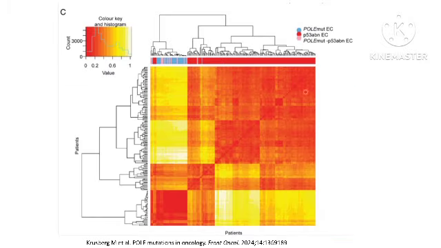This heat map shows hierarchical clustering of POLE mutant P53 abnormal endometrial cancers, single classifier POLE mutant endometrial cancer, whereas P53 abnormal endometrial cancers are placed very differently. That means they are not clustered with POLE mutant endometrial cancers, which are represented in blue, and POLE mutant P53 endometrial cancers, the dual classifiers, which are reflected in pink color here.